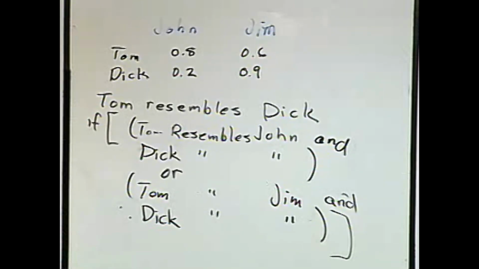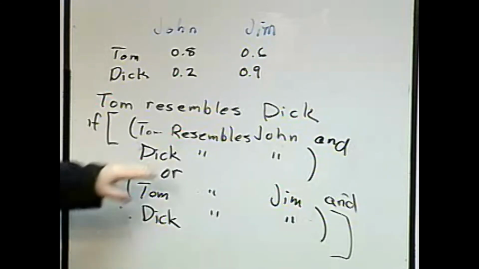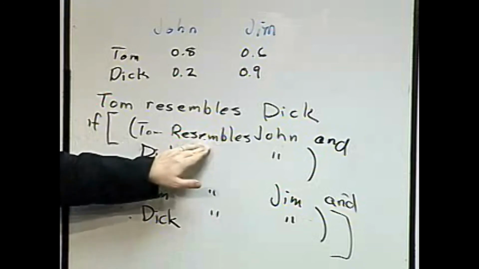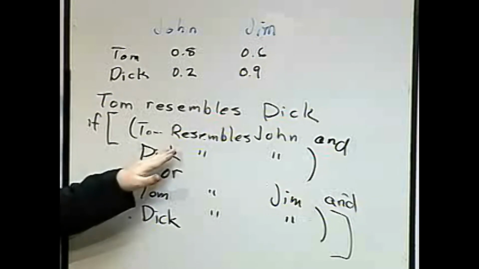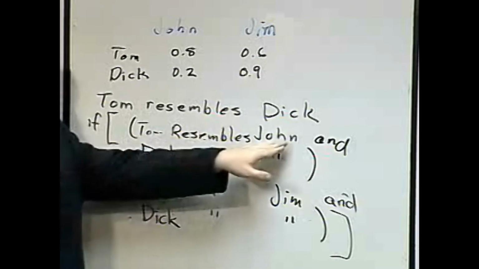Logically, right? But notice that our logic is totally fuzzy because we're using the fuzzy linguistic variable of resembles, right? So resemblance is on a scale of 0 to 1. So let's look at the truth of this statement, Tom resembles Dick. If this is actually a logic statement, Tom resembles John.